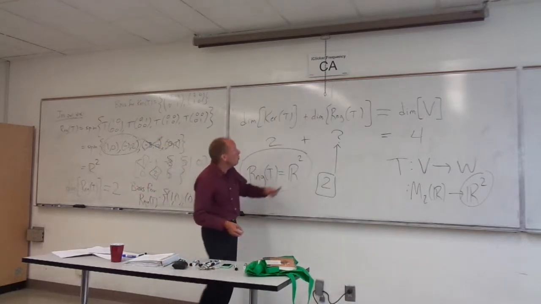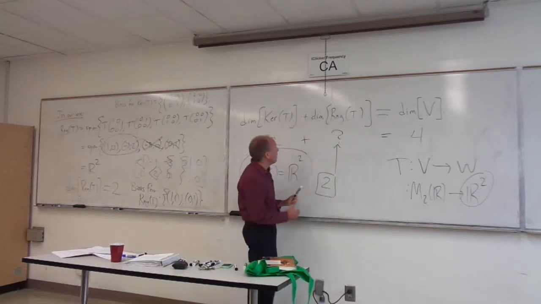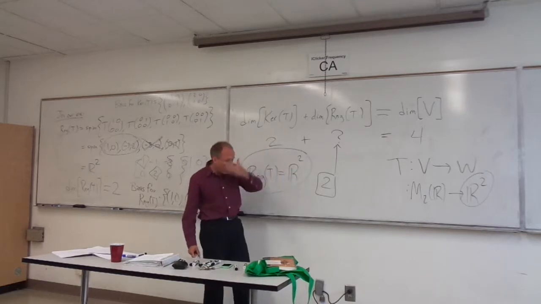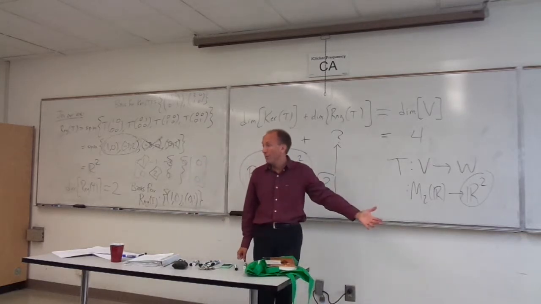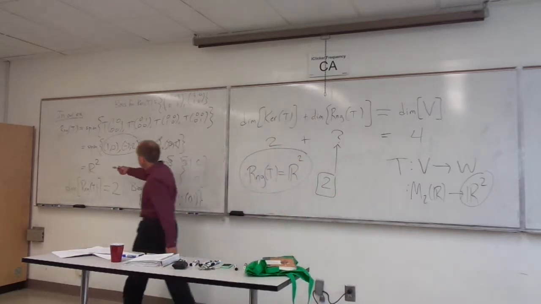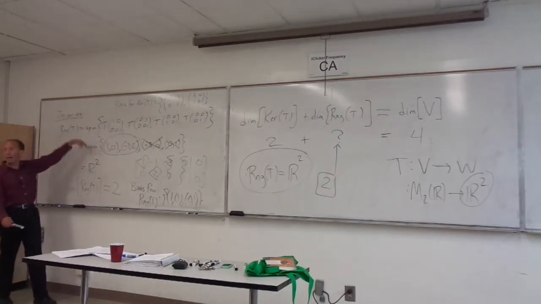But if I know that the dimension of my range is the same as the dimension of my whole W, well, then the range of T has to be W. Has to be the whole space W. Which is what we ultimately found anyway. We figured that out here. We did the whole calculation and we figured that out.